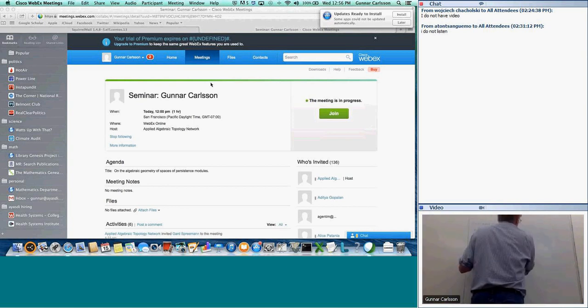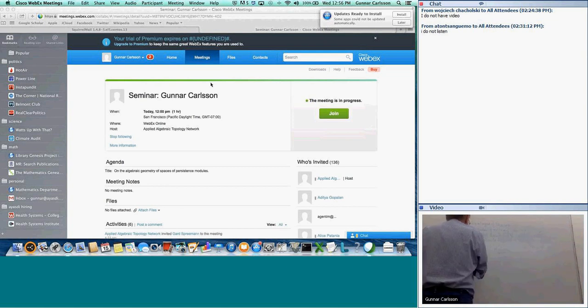So I'm now going to tell you about work on this. He's worked out what is the ring of functions on this barcode space. So this is not an object now.